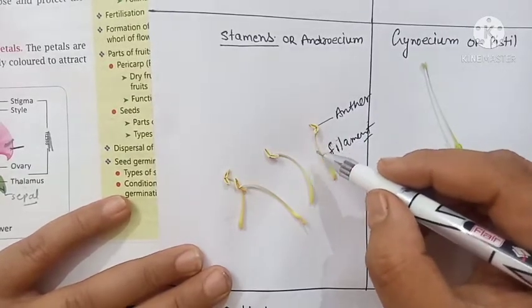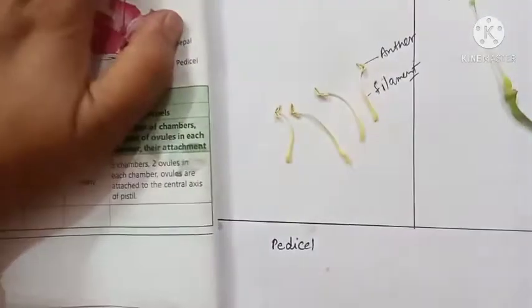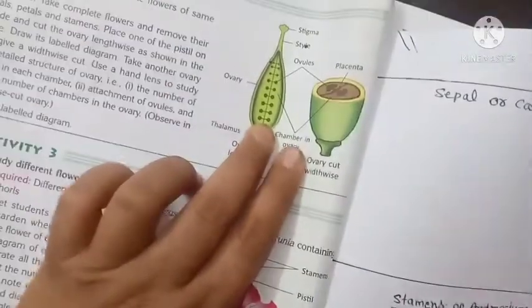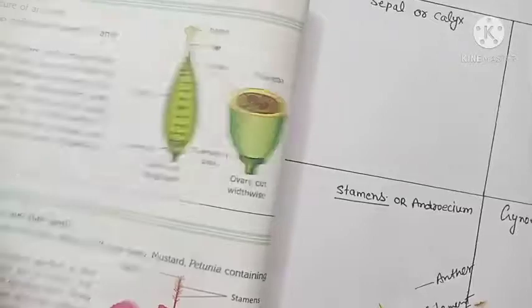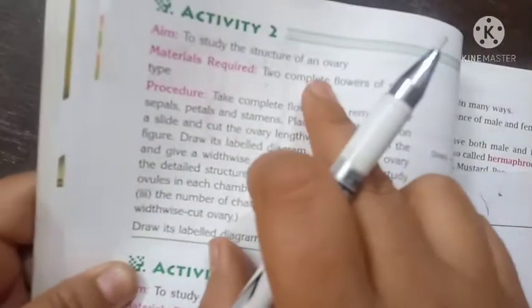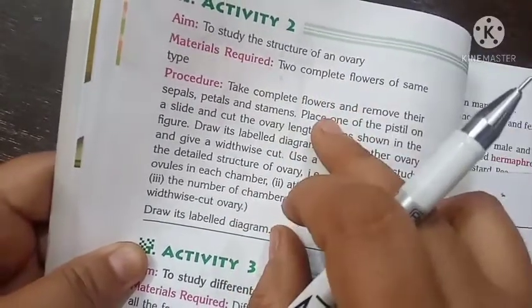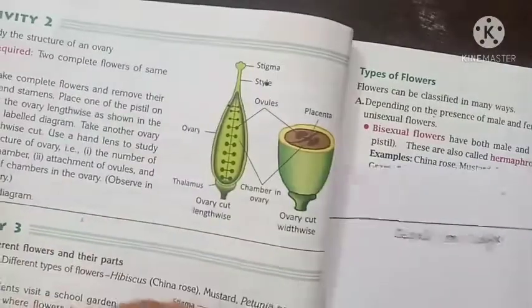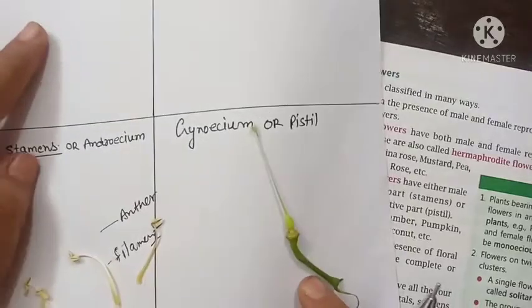Now beta, in the second activity we will study the structure of a gynoecium or an ovary. We will take two complete flowers of the same type, but here I am just showing you this part, the gynoecium or pistil.